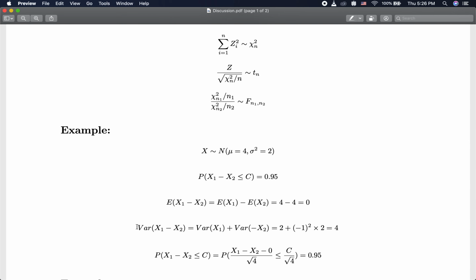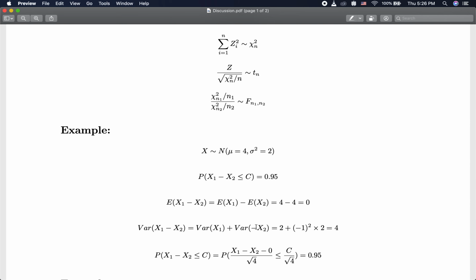Now we are going to calculate the variance of x1 minus x2. Since x1 and x2 are independent, we can expand it: the variance of x1 minus x2 is the variance of x1 plus the variance of negative x2, since we can consider this as x1 plus negative x2.